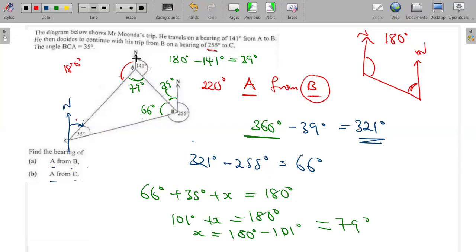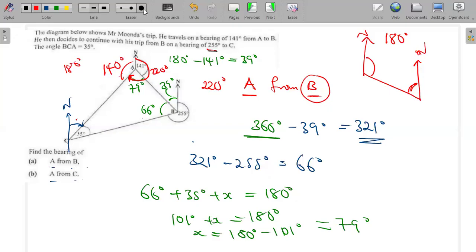So from this north up to there, that angle is 220 degrees. Now we can find this angle here by subtracting from 360. 360 minus the answer gives us 140.